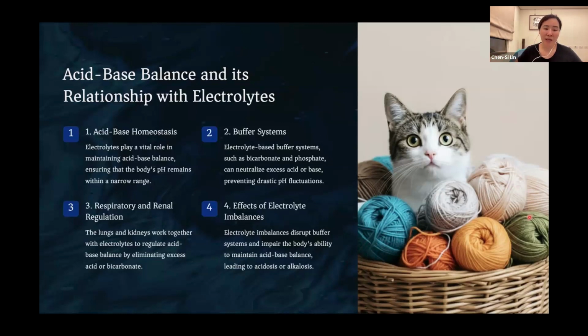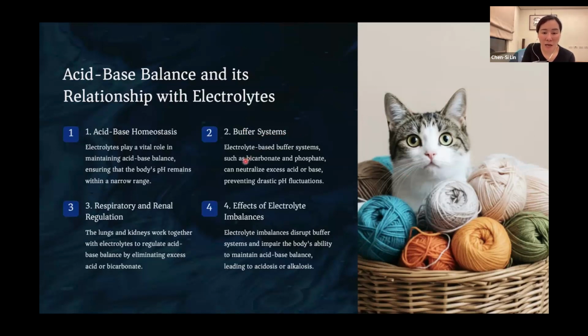So that means these electrolytes are important in maintaining the pH value within our body. So this electrolyte-based balance system is maintained by some buffer systems to maintain the acid-base balance.